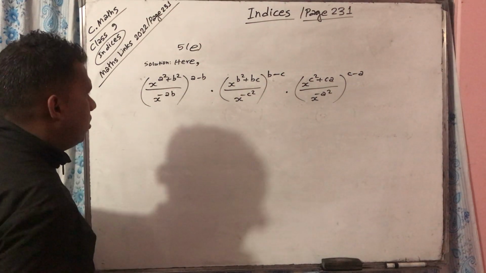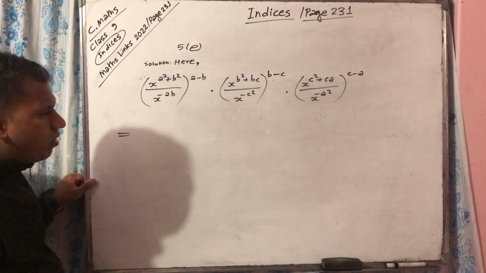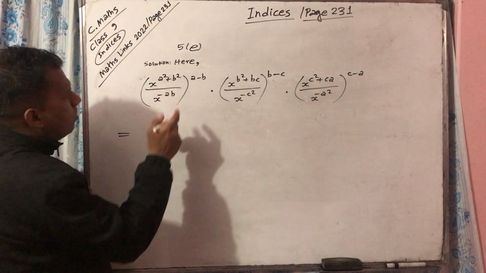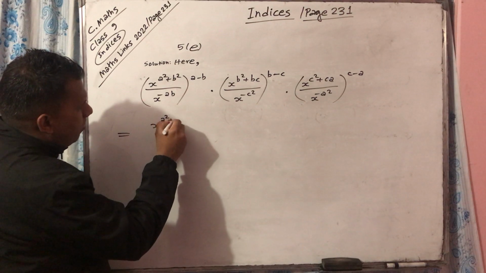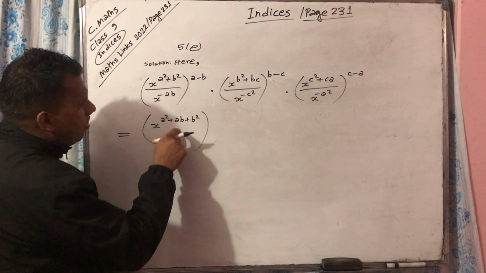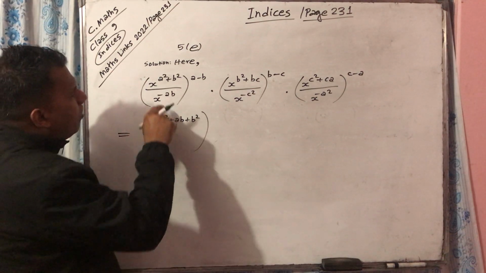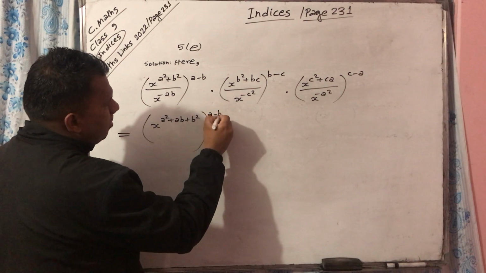Okay students, in the first step, we can move the lower part to the upper side. So x to the power a square plus ab plus b square, putting ab in the middle position. ab becomes positive when moving up. Its whole power is a minus b.